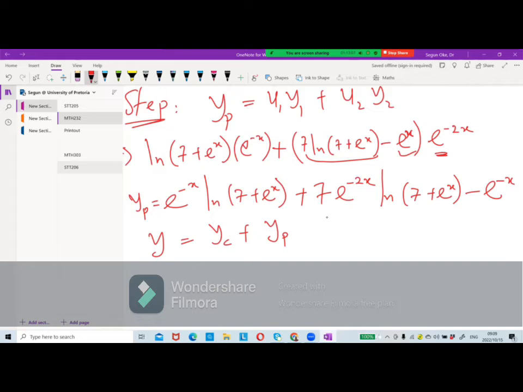And you know our YC is what? C1 x plus C2 exponential minus 2x. Then plus everything here. So what do we have? Plus C exponential minus x ln. Don't try to add this together because they are not the same.